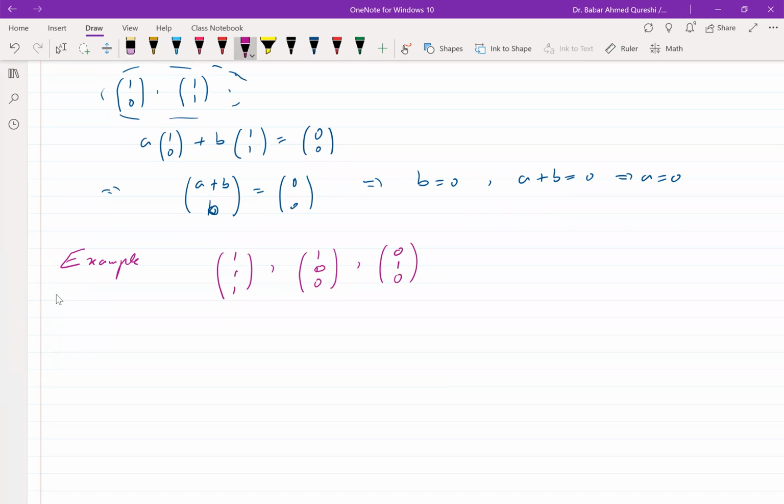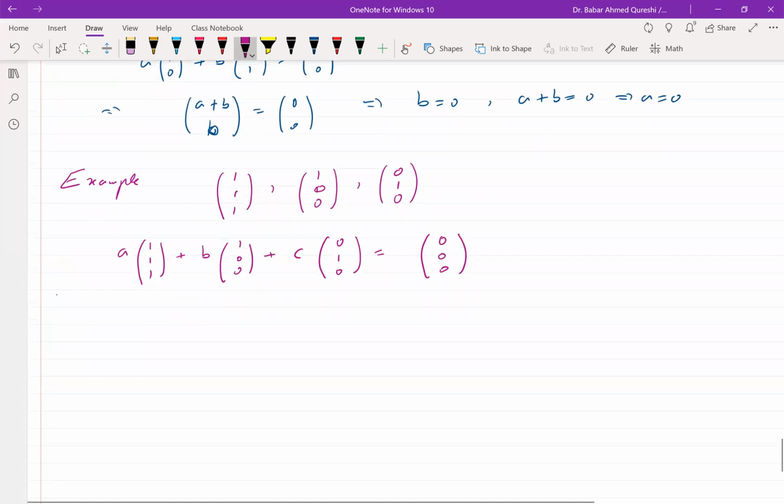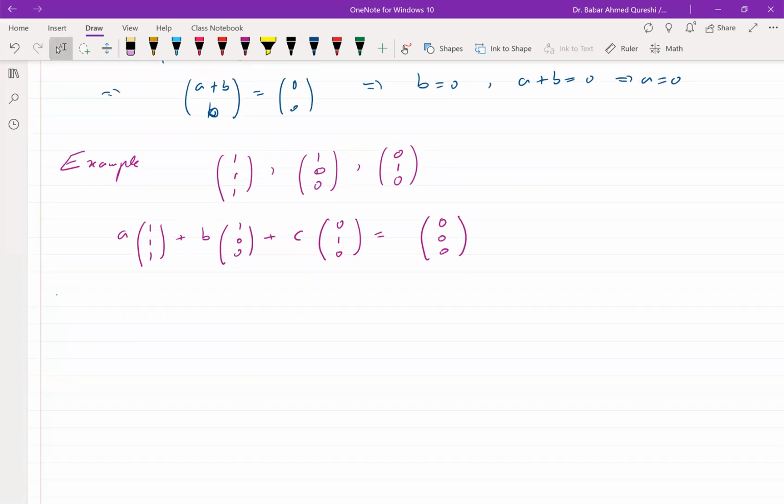Let's consider these three. So you again check a linear combination and put it equal to the zero vector. So zero vector takes different forms in different vector spaces. The property is that you add it to any vector, the vector comes back.